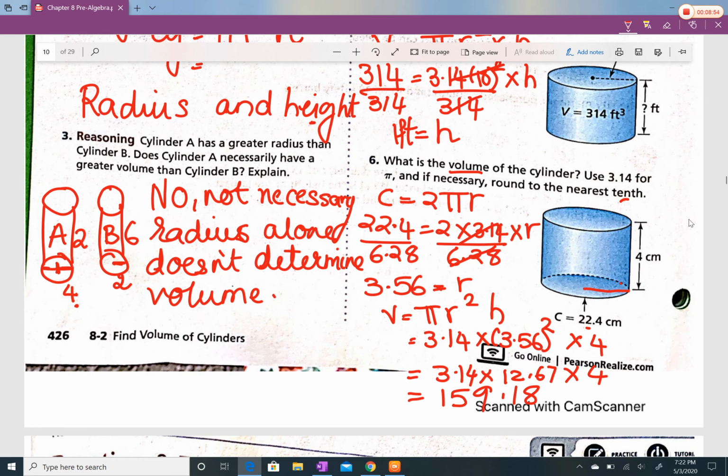Now they told us to round to the nearest tenth, so this 8 will make this a 2. So 159.2 centimeters cubed. Hope you're getting it.